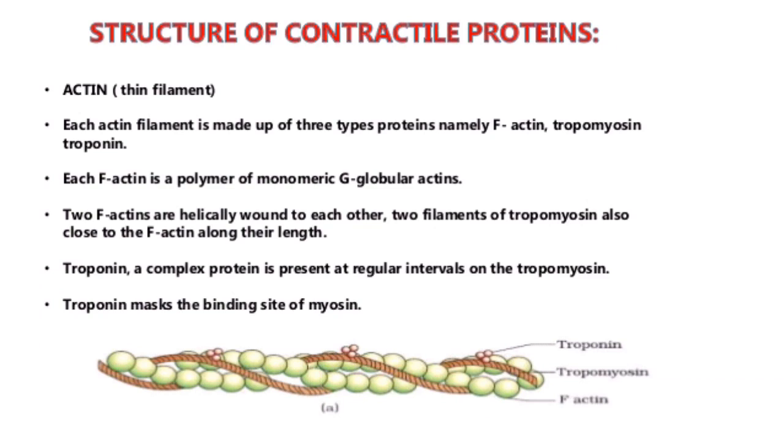Two F-actins are helically wound around each other. Two filaments of tropomyosin also run close to F-actin along their length. Troponin, a complex protein, is present at regular intervals on tropomyosin. Troponin masks the binding sites of myosin.